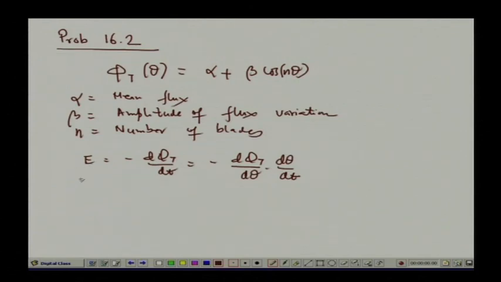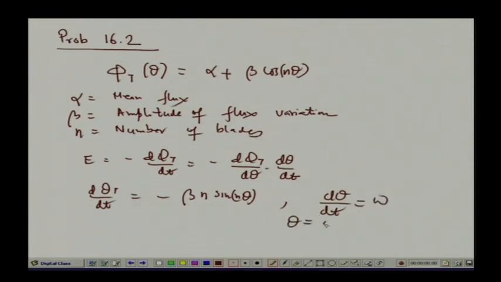So, it will give you, now d phi t by d theta is equal to minus beta n sin n theta, right, and d theta by dt is equal to omega, which is the angular velocity. So, theta equal to omega t, assuming that theta equal to 0 at t equal to 0, right.